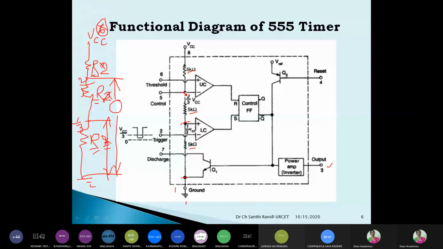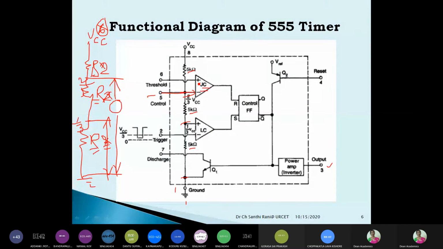And therefore, this 2/3 VCC is given as reference voltage to the op amp here. You can give either an external control voltage, or from this potential divider you can generate some reference voltage and apply it to the op amp. This op amp is connected as a comparator.